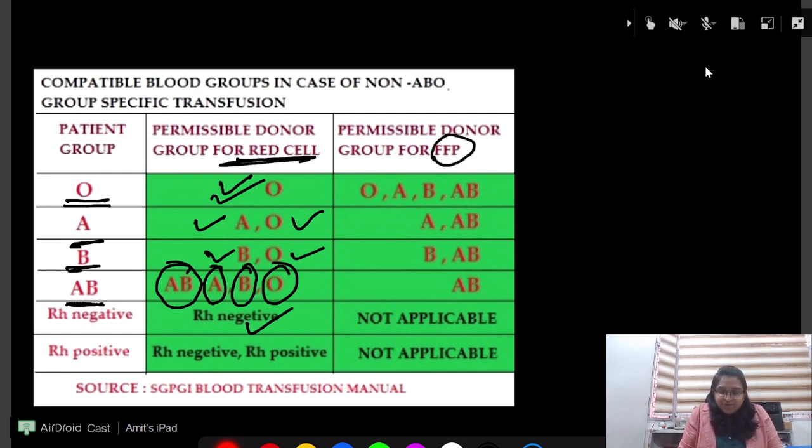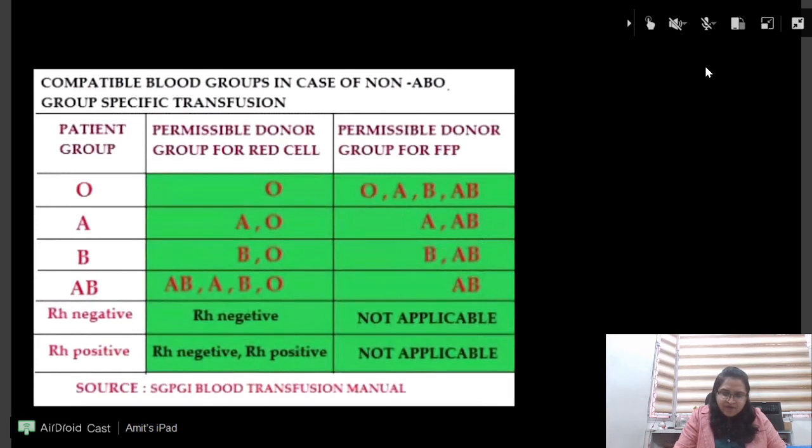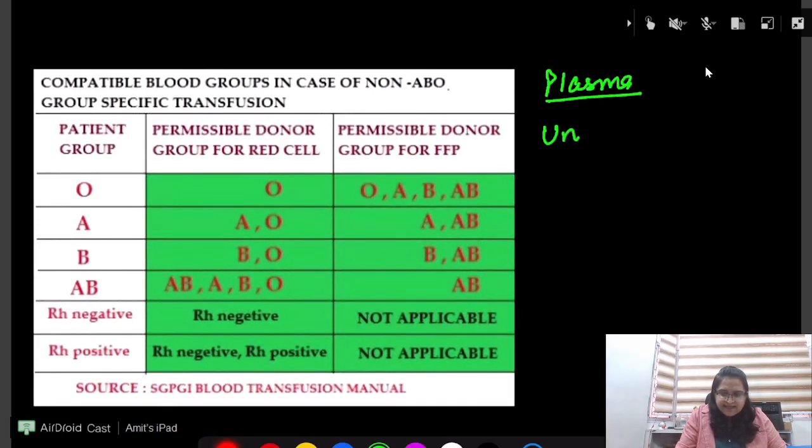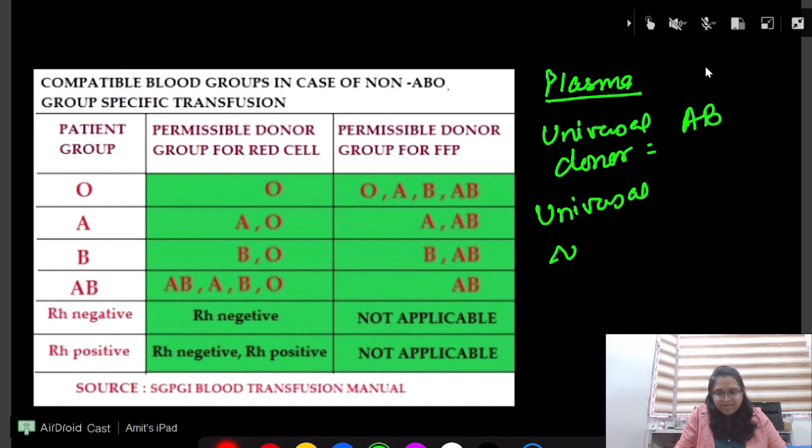For the FFP, it becomes opposite. A person who has O blood group can be given the fresh frozen plasma from O, A, B and AB. Please remember, for plasma, the universal donor is AB and the universal recipient is O. This is opposite.